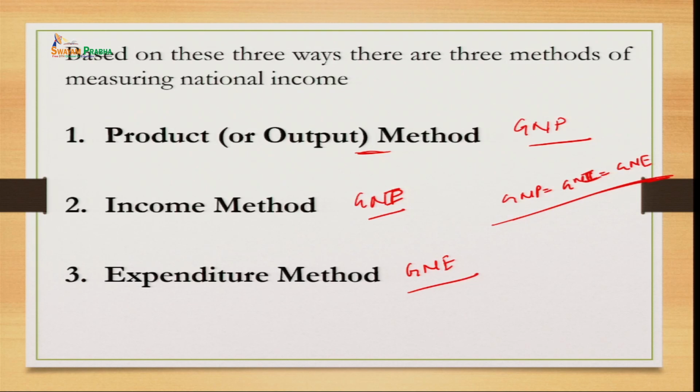So, ideally we are not getting the same figure, but whatever way we are using, we should be getting a similar figure, because we can calculate it either by the product method, by looking at whatever production has taken place in the economy, or whatever income has been generated to the people, or what expenditure they have made in the economy.